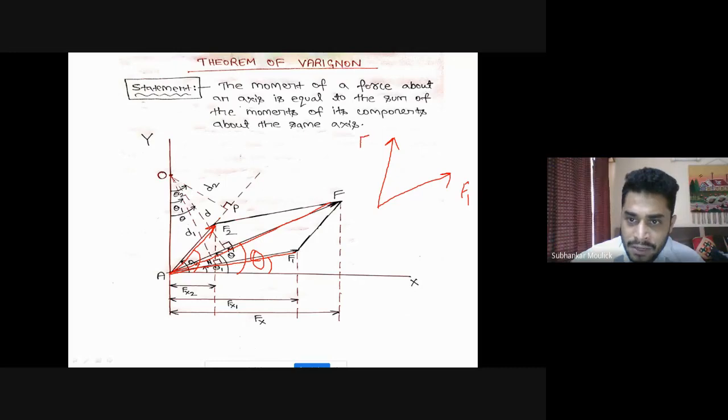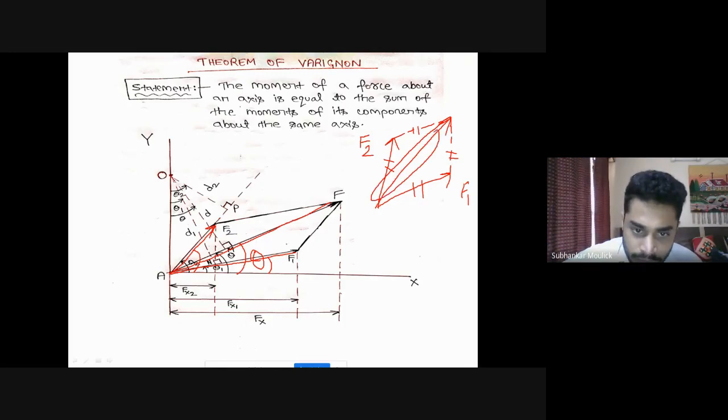I can very easily find the resultant of these forces by the parallelogram law. From F1, I draw a line parallel to F2 with the same length. Similarly, from F2, I draw a line parallel to F1 of the same magnitude. This is a parallelogram. If you join the extreme diagonal points, this is the resultant, your force F.